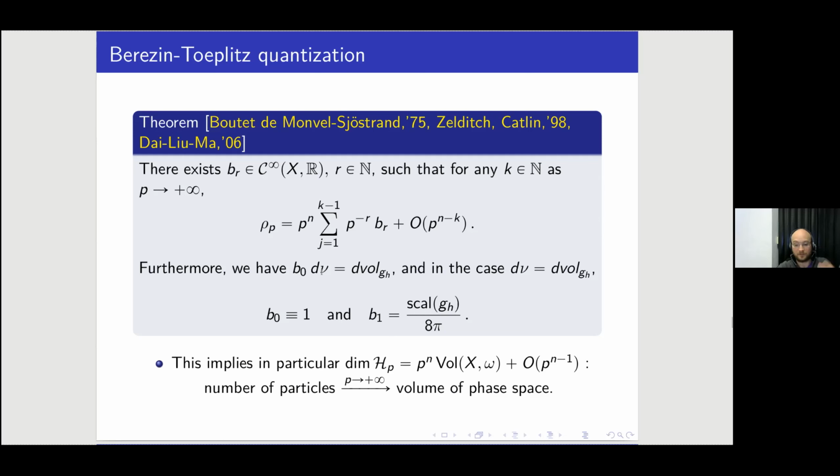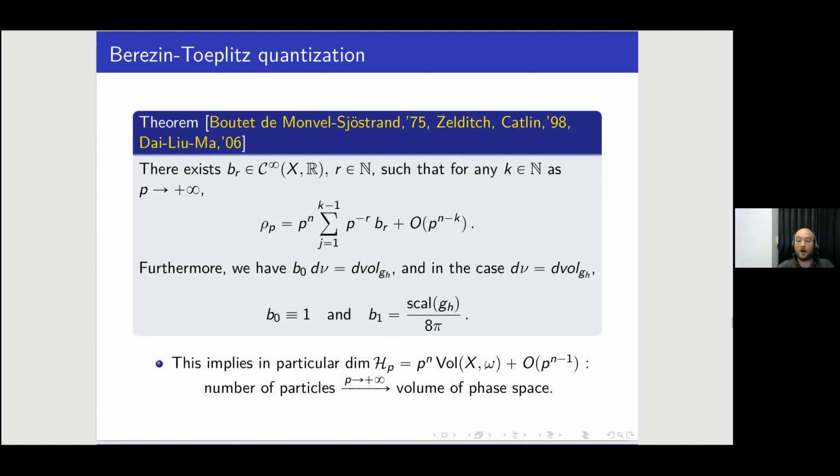What I want to point out here is that the dimension of HP is simply the integral of rho p, so thanks to this formula, the dimension of HP approaches the symplectic volume of X when p tends to infinity.